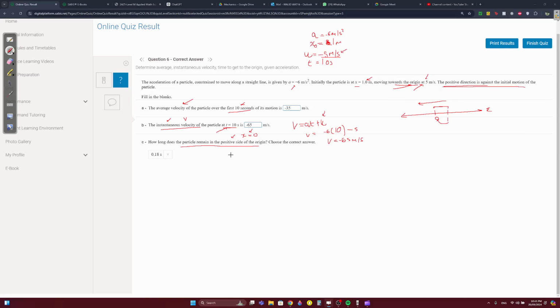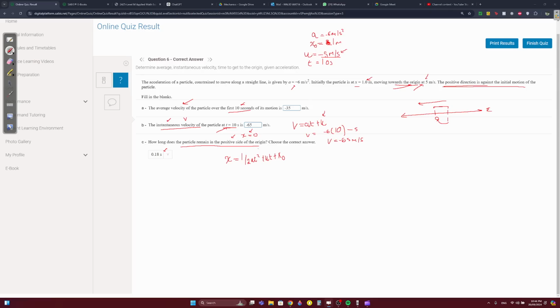We want something that has x and something that has time. We have two: x equals half at squared plus ut plus x node, and also x equals u plus v over 2 times time. We can't easily use this one because we don't know what velocity he finishes at; you can use it, but you need a few extra steps.